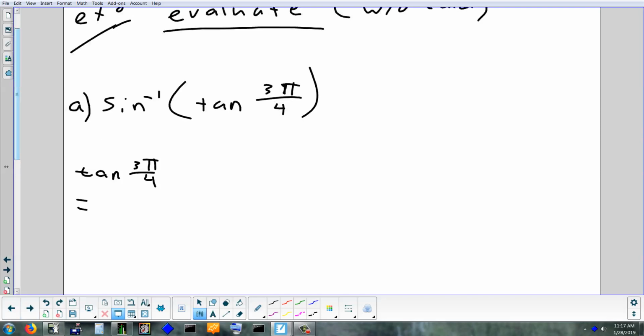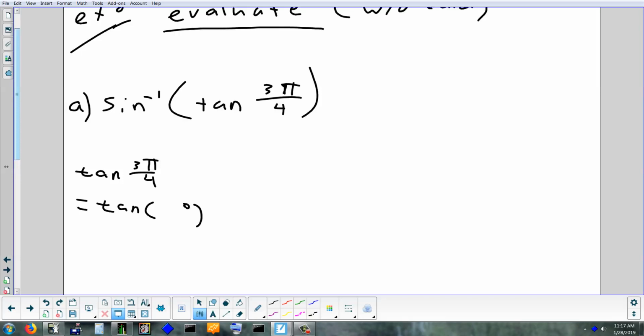Now, some people might be able to think about that a little easier if it was in degrees. What's 3 pi over 4 if you write that in degrees? How about Chris?